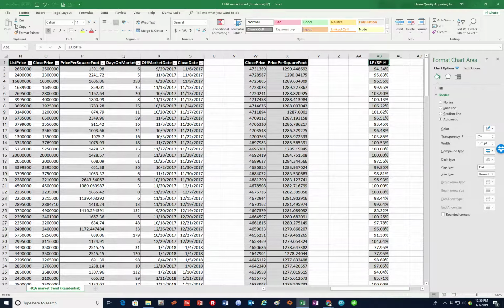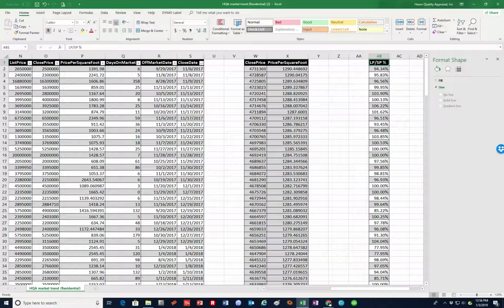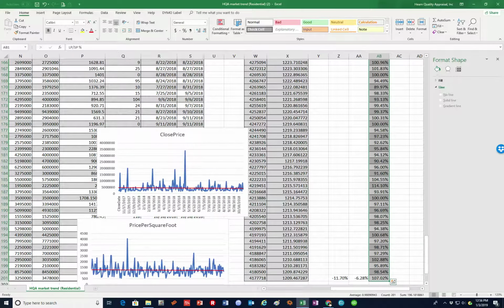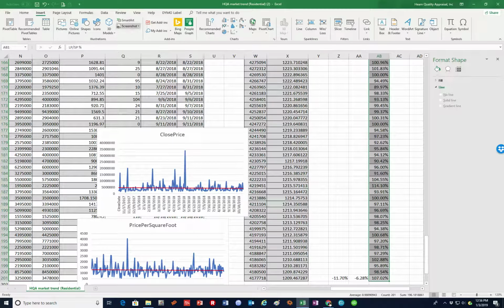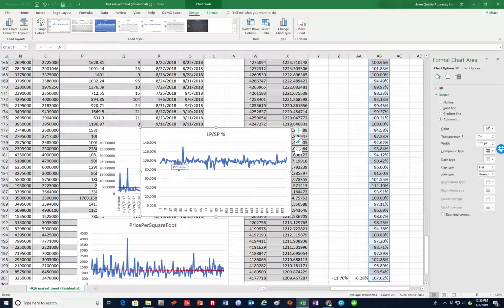So we will graph this and chart this, insert, put a line graph on it, and again, pretty stable. Let's add the dates.